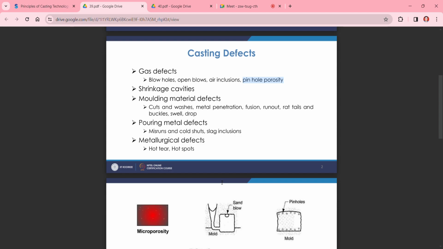So you will not get any liquid shrinkage cavity if you are using a riser in the casting system. But if solidification shrinkage occurs, then we cannot go with the riser because the material has already solidified, so the shrinkage cavities will occur.